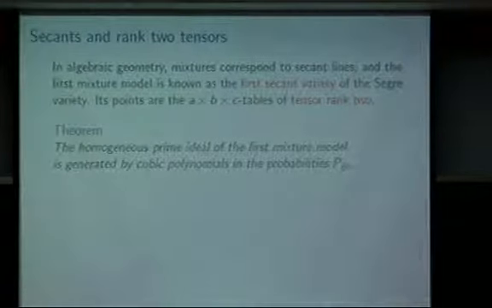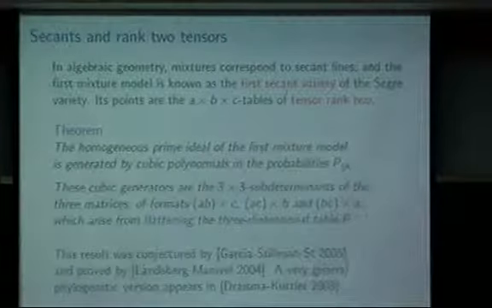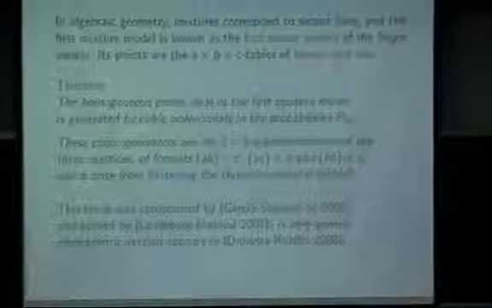So the original variety is defined by quadrics, and the first mixture is defined by cubics, as this gentleman well knows. In the probabilities p_ijk, there's a precise description of these cubics. They are the 3 by 3 subdeterminants of 3 ordinary matrices, and these are gotten by flattening the 3-dimensional table.